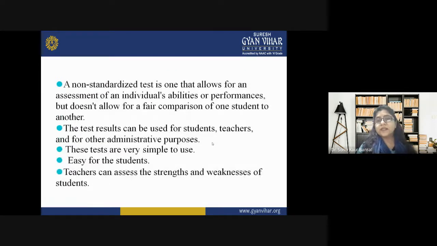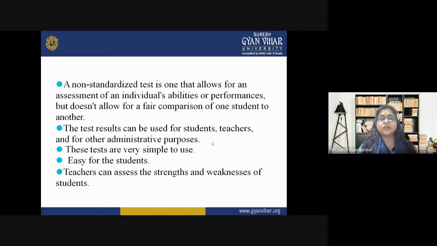Now students, let's understand that non-standardized testing is one that allows for an assessment of an individual's abilities or performances, but doesn't allow for a fair comparison of one student to another. Yes, we can say that.